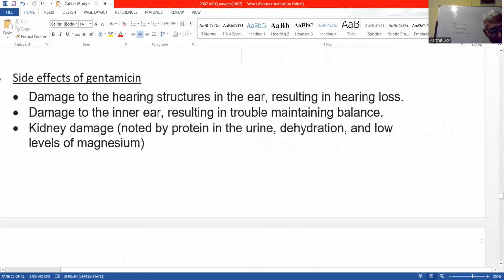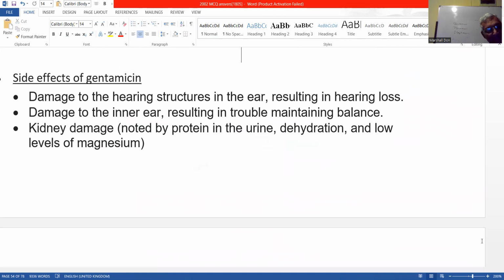Side effects of the glycoside gentamicin. Gentamicin is an injection, only injection form is there. It damages the eighth cranial nerve, so it affects hearing. And also it damages the kidney. So when somebody takes gentamicin or netilmicin, streptomycin is not that bad.